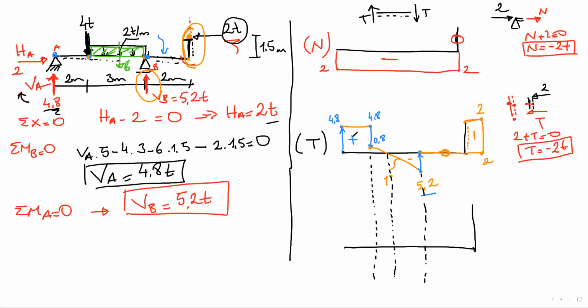Now calculate this area. We have a rectangular area, 4.8 times 2 here is 2. The area is this. Let me draw.